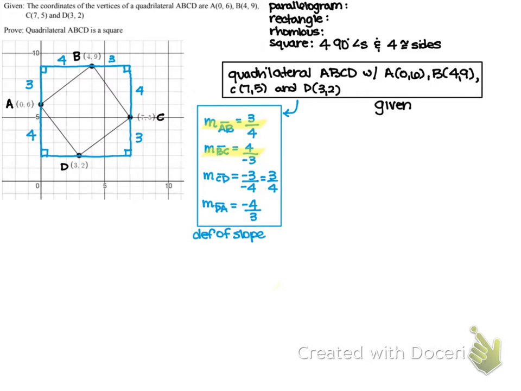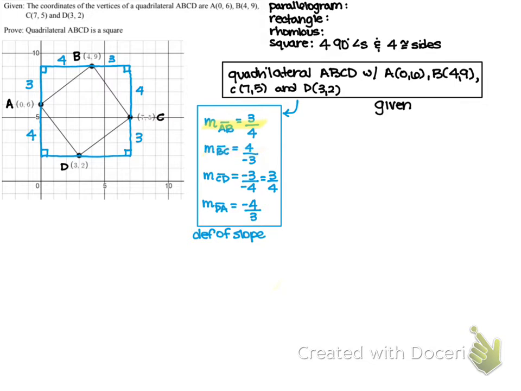Okay, I want to try to get this 90-degree angle happening, or this perpendicular business. If you take the 3/4 slope from AB and you flip it over and then flip the sign on it, it does in fact become 4 over 3, but now it's a negative. So see that that opposite reciprocal business is actually occurring from line segment AB to BC.